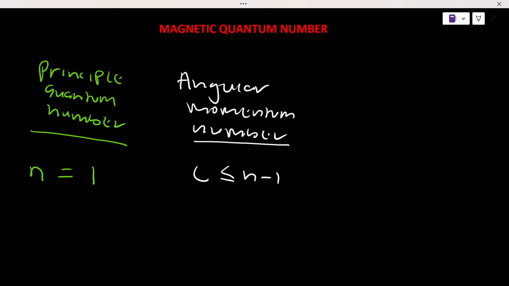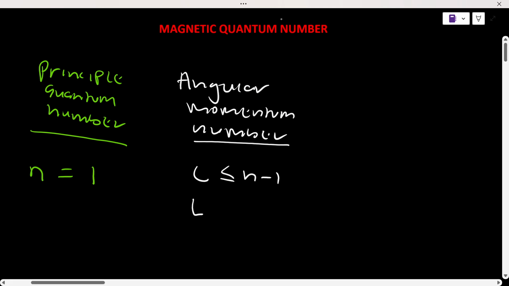And we said when that happens, L is going to be 1 minus 1. So L is equal to 0.